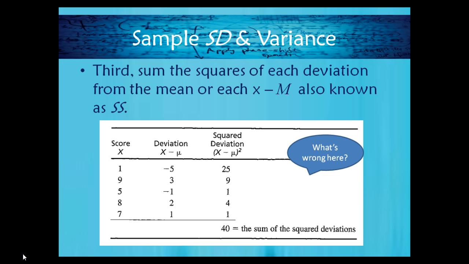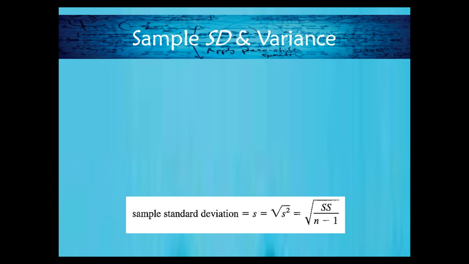So what's wrong with this slide? Remember that this mu value should now be an m for mean, for a sample mean. And then we sum it as we did before. So in this case it's 40. And then we take the sum of squares and divide by n minus 1, where n, lowercase, is the number of scores in the sample.